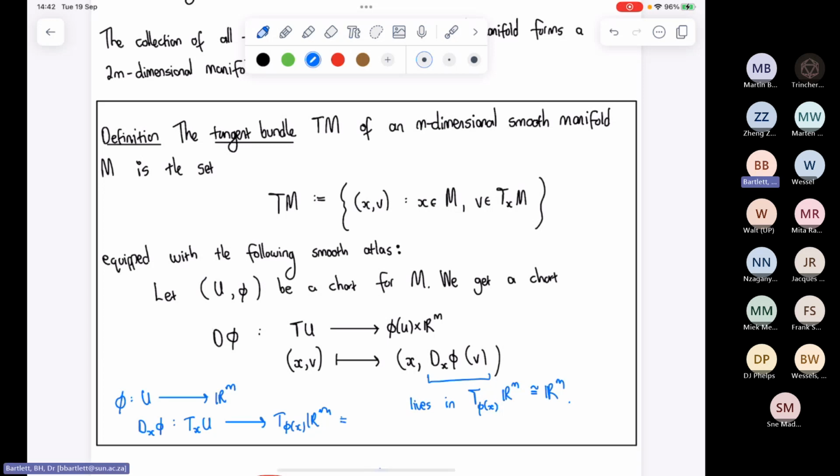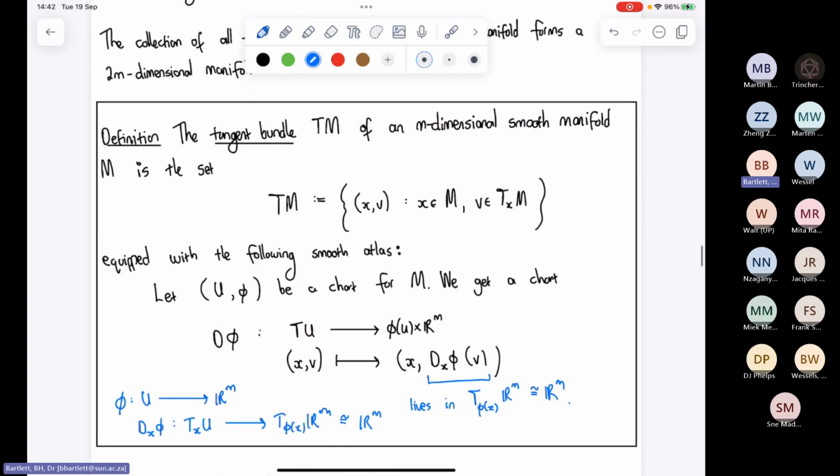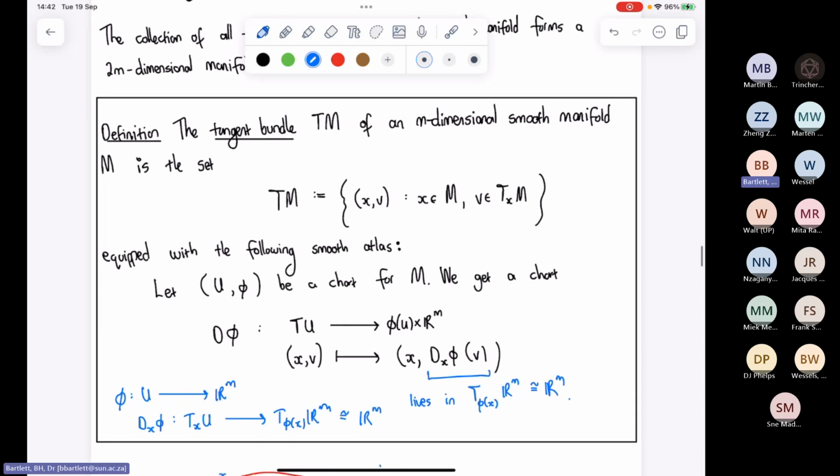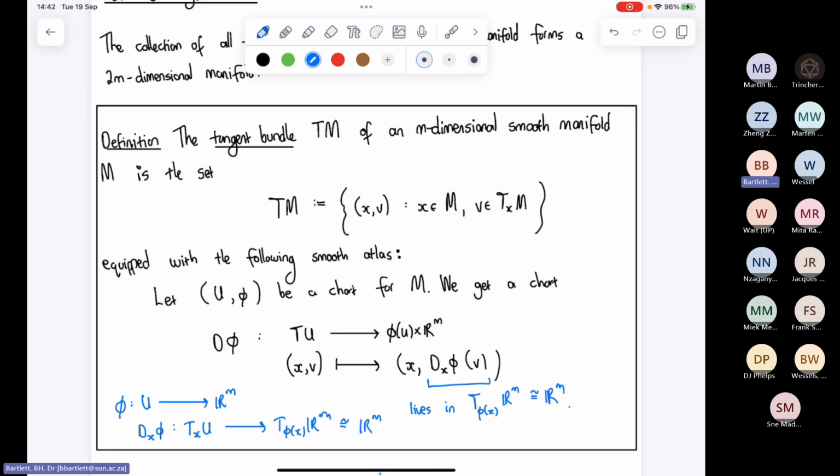But remember, we agreed that this is the same canonically as Rm. Okay. So that's how this map works. So that gives me a chart for the tangent bundle, and then if you go and calculate the transition maps, they will be smooth.